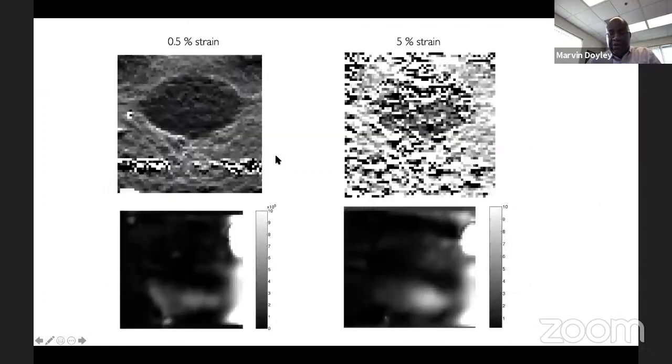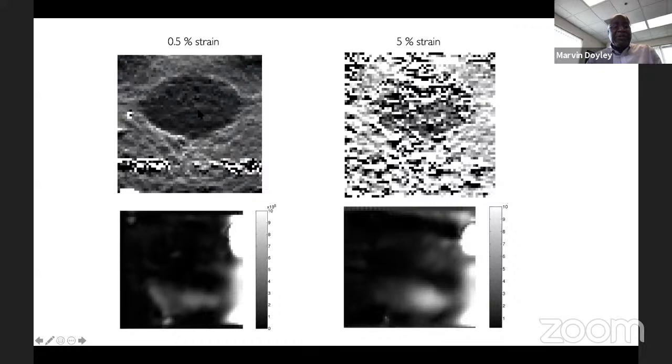All right, now here's a nice problem. It's always interesting when you show these results. You can show the case where everything is great, but I'd like to show the case when things go wrong, because they do go wrong, and they go wrong a lot. When the strain is 0.5%, this is what the strain elastogram looks like.